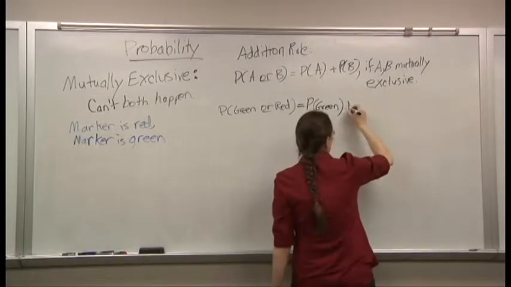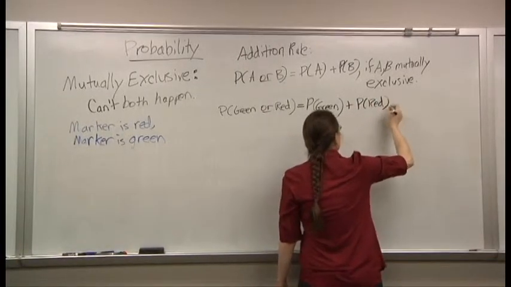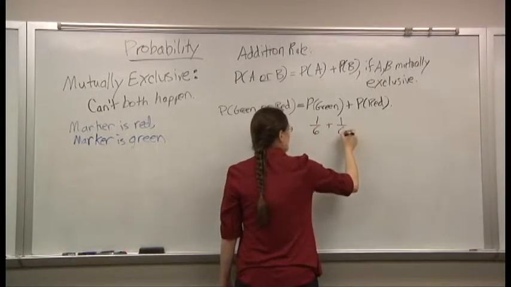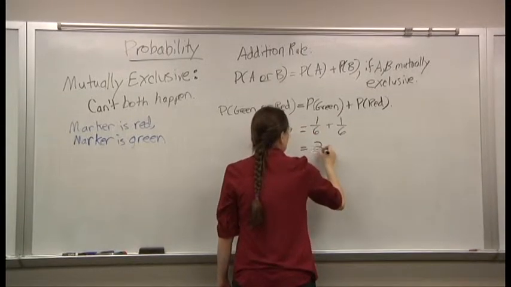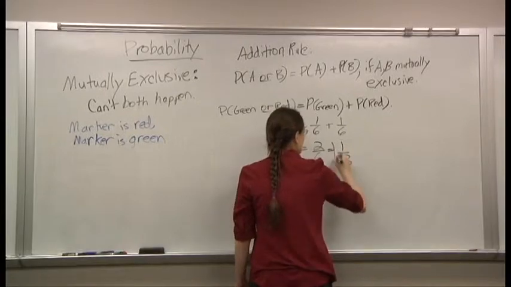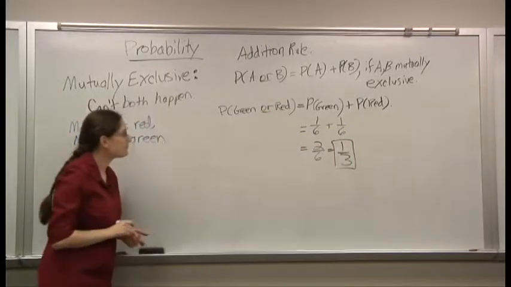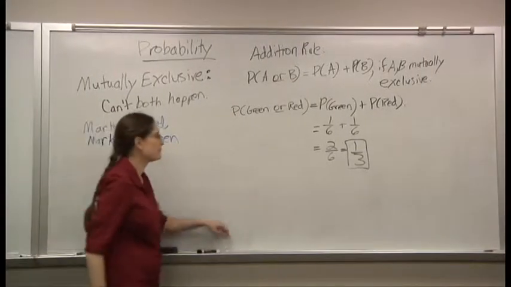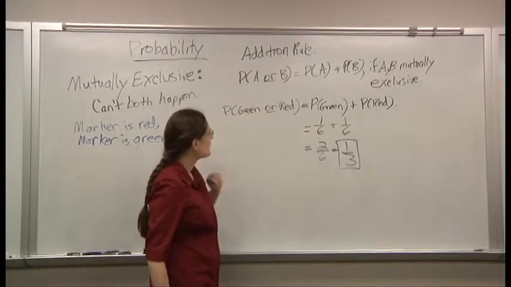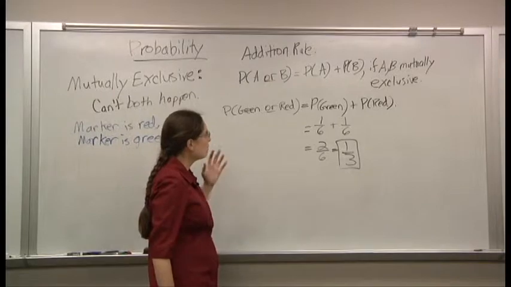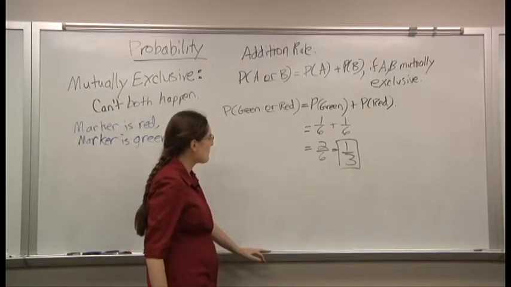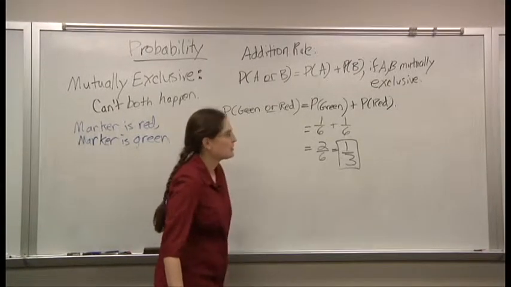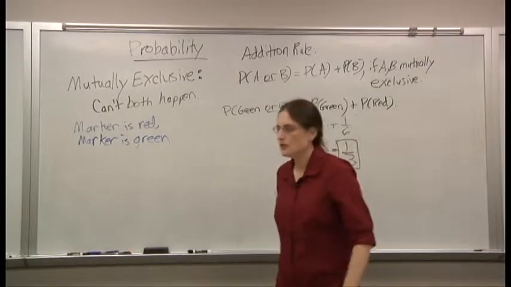Probability of green plus probability of red, which is exactly a third, sorry. So that's the addition rule.